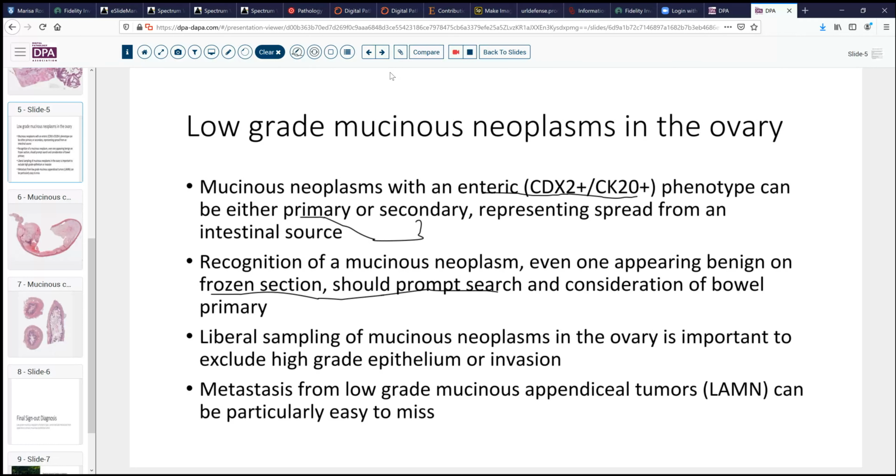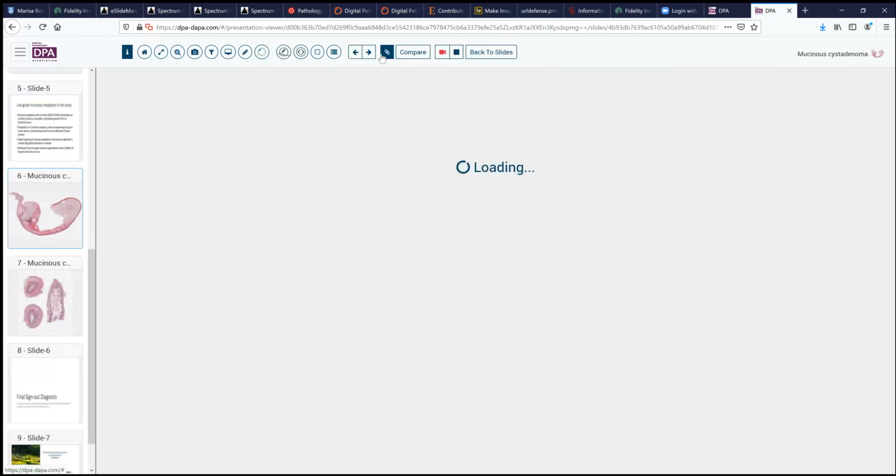And certainly, if we don't have pseudomyxoma peritonei, meaning free-floating mucin within the peritoneal cavity to suggest that we've had an appendiceal rupture, we may not make the correct connection with the appendix.